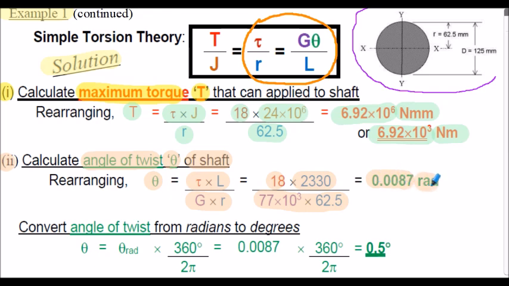Note the angle is in radians. In this case, I've converted the angle to degrees using our standard conversion. So theta in degrees is theta in radians multiplied by 360 degrees divided by 2 pi. So that evaluates to 2.5 degrees.